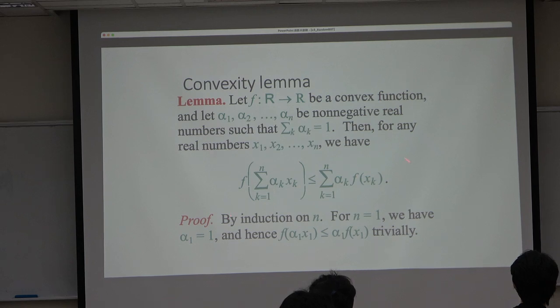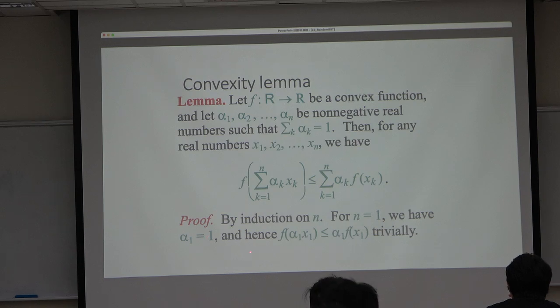So how do we do that? Obviously, the first thing you could think about is induction, because when you have two numbers, alpha 1, alpha 2, and x1, x2, this is exactly the definition of a convex function. You can even start with one number.